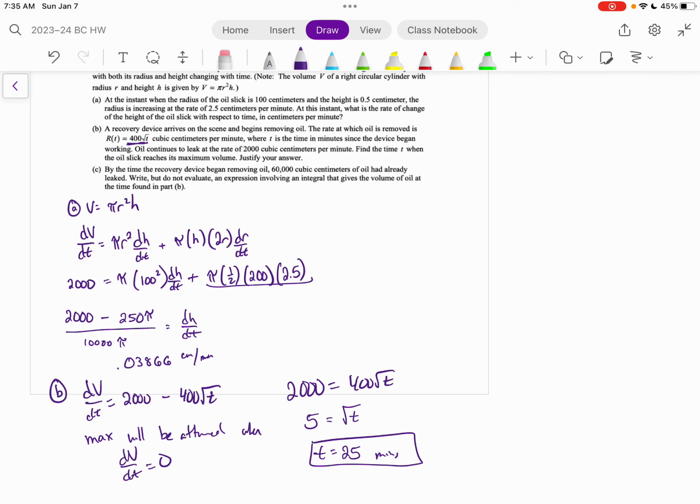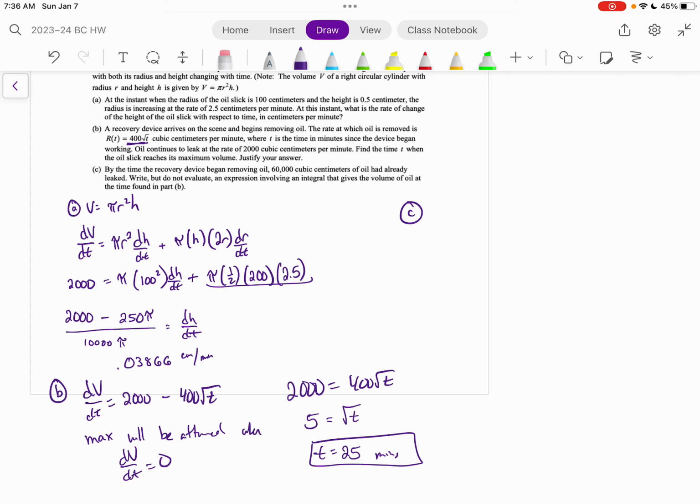Okay, so by the time the recovery device began removing oil, 60,000 cubic centimeters of oil had already leaked. Write, but do not evaluate, an integral expression that gives the volume of the oil. So this is kind of what I was getting into in the last one. I was getting ahead of myself.